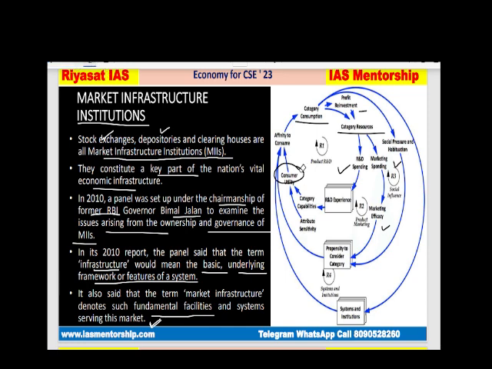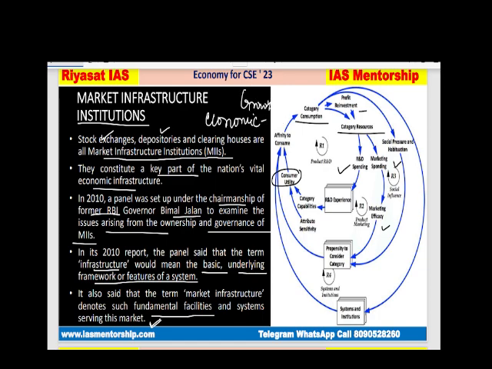If proper services are there, consumer utility will be there, and eventually this cycle goes on, and that is nothing but your market infrastructure institution. Basically, it's nothing but having a proper infrastructure to provide seamless economic growth. It focuses on economic growth.